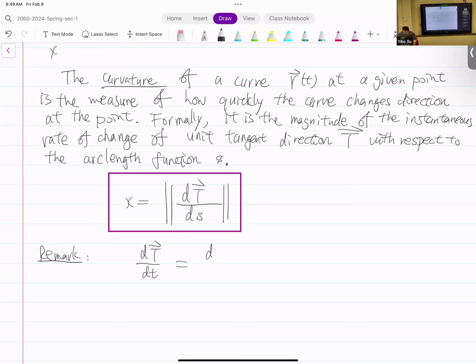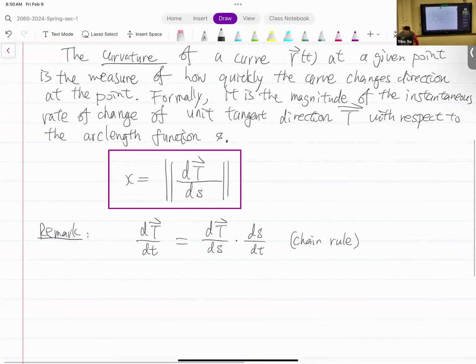So it's going to be dT/ds times ds/dt. This is the chain rule that we are familiar with. And here, this t is reparameterized by little s of t.